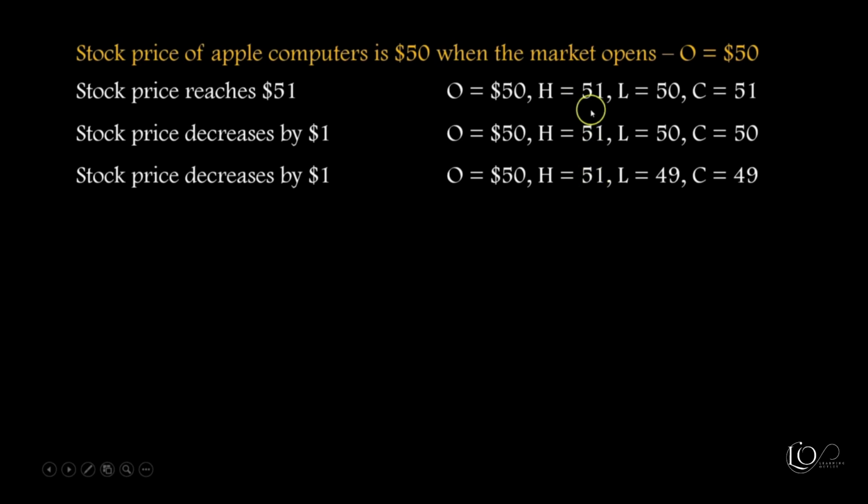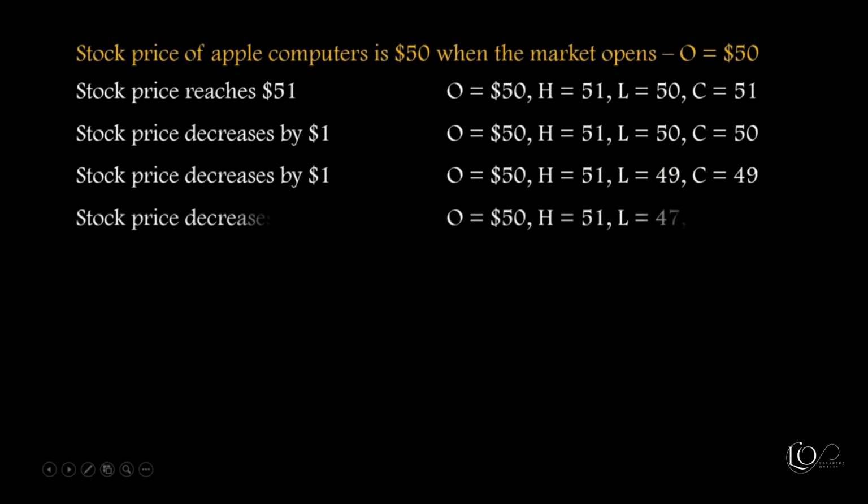It hasn't gone up to 52, or 54. When it breaks through this level, the high is going to change. Otherwise the high is going to remain the same. But we do see that the L, the lowest price, is 49. This is because the closing price goes down from 50 to 49. So the lowest number that we have is 49. That's what the L stands for.